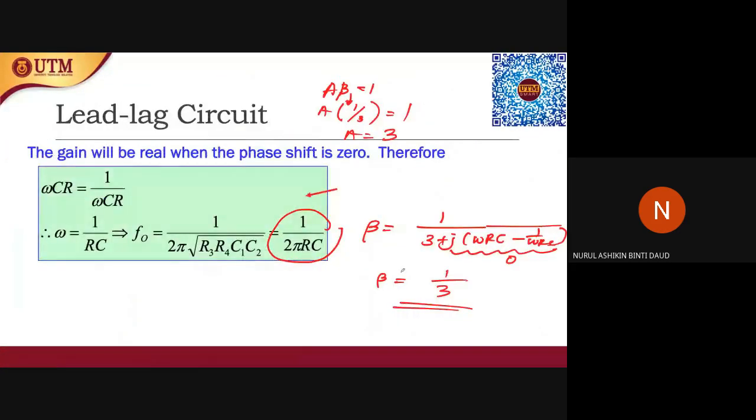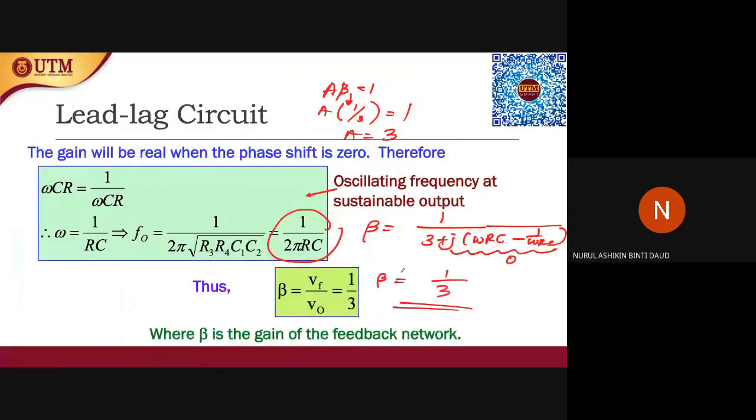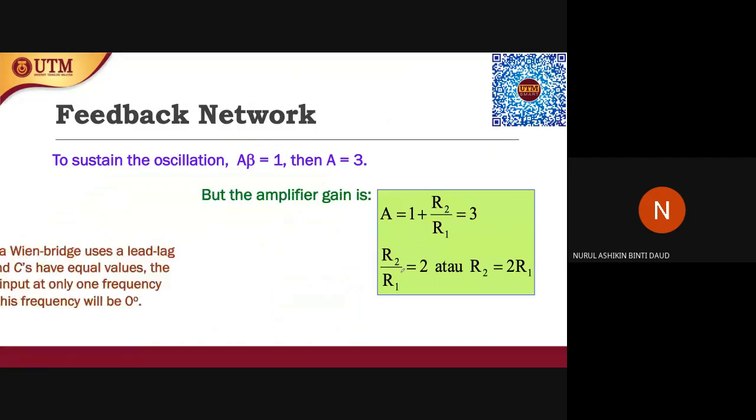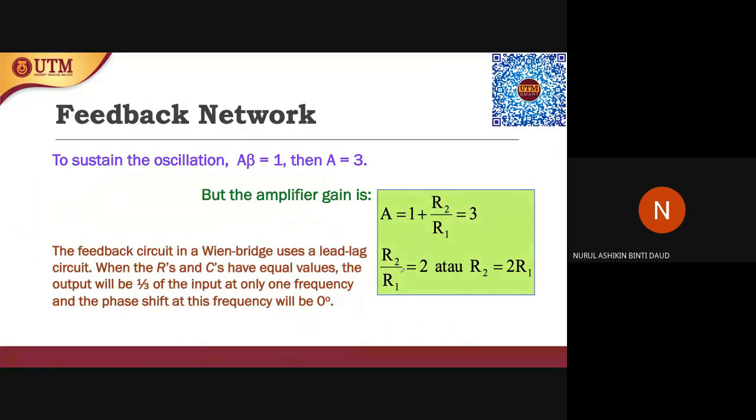Yeah, this is what I mentioned just now. To sustain the oscillation, it should meet the Barkhausen criteria, which is the amplifier gain A times the beta gain, the feedback gain, equal to 1.